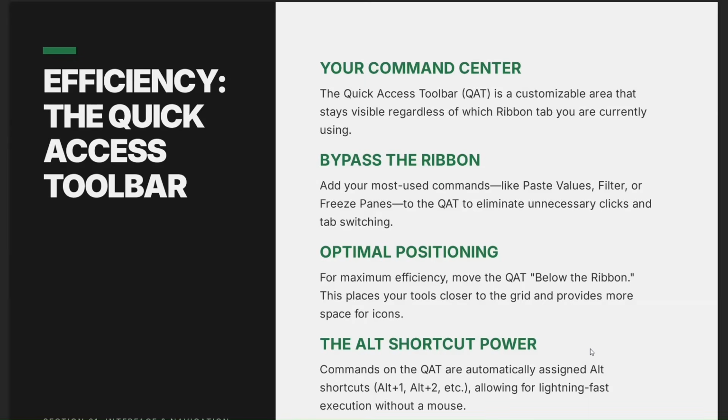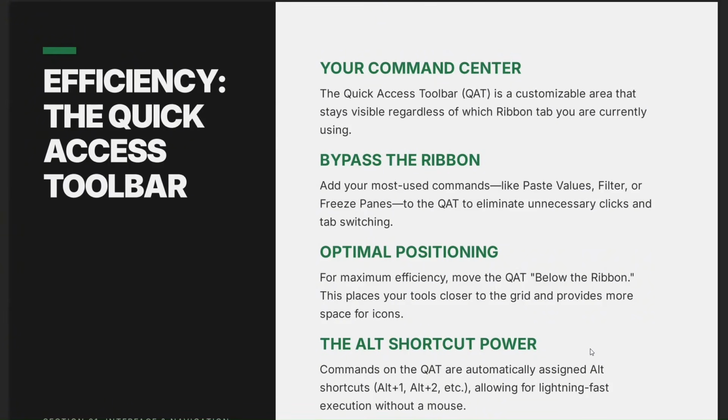So for efficiency, we need to understand 4 fundamental ways of using our Excel. We have the command center, or what we like to call the QAT, which is just a customizable area that stays visible throughout your Excel sheet, regardless of which ribbon tab you're currently using. The bypass, or bypassing the ribbon, is where you add your most used commands, and these usually are pasting values, filtering, freezing the panes, and tab switching, so that you can eliminate unnecessary clicks.